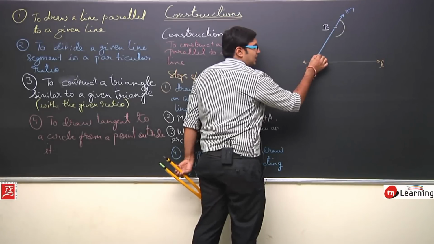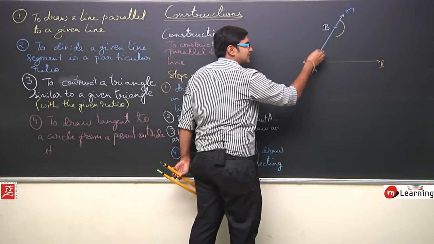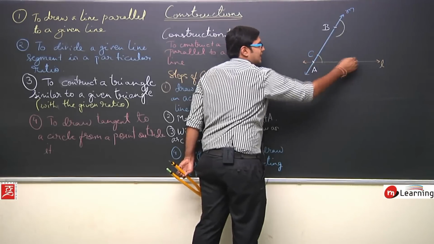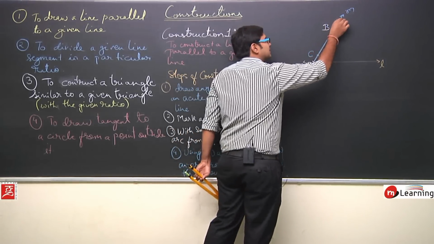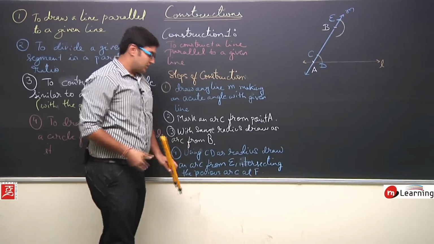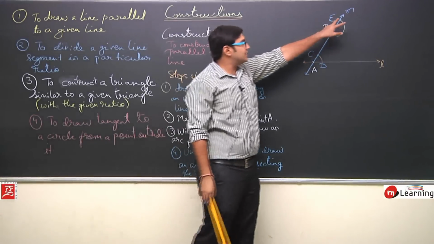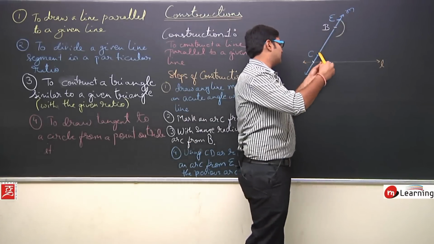I am saying that this arc which we drew here, let us say this arc intersects this line M at point C and line L at point D, and this is assumed as point E. Now what does the step say? Measure this CD, take it as the radius and, with E as the center, draw an arc. So I will measure this CD.